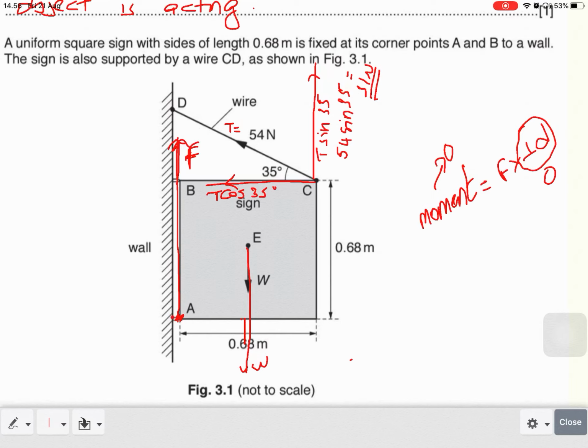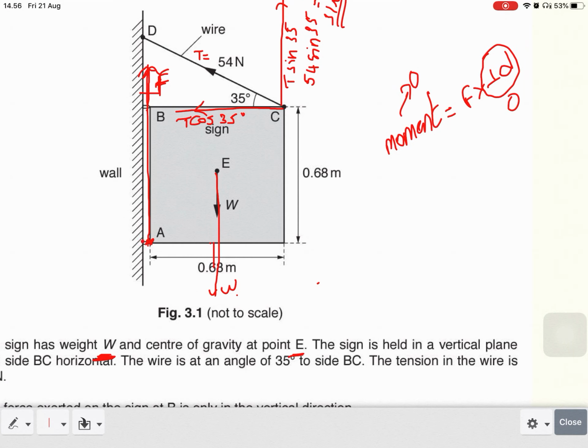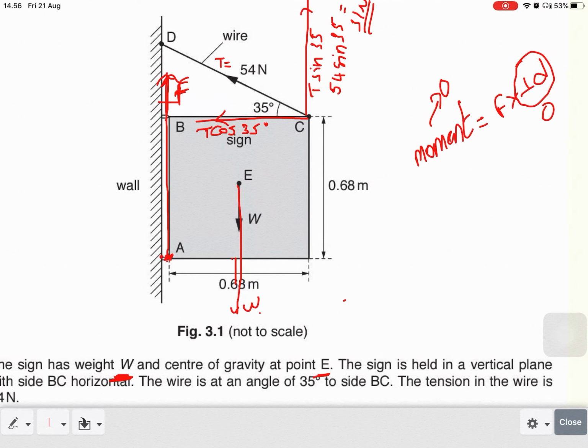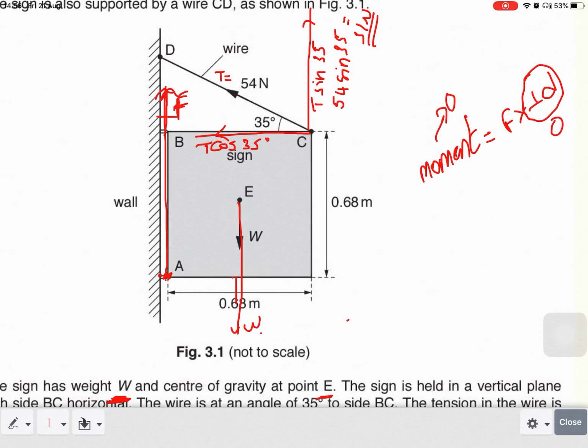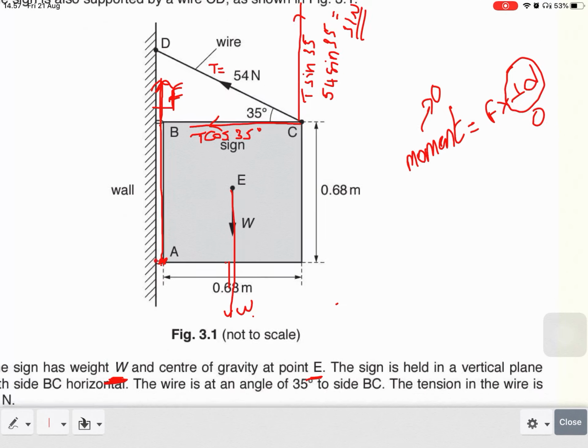So weight, T cos 35, T sin 35, and also F. We just saw that there is no moment of F about point A, so forget about it. Now the remaining three forces are W, T cos 35, T sin 35. The W produces clockwise moments, T cos 35 and T sin 35 producing anti-clockwise moments.